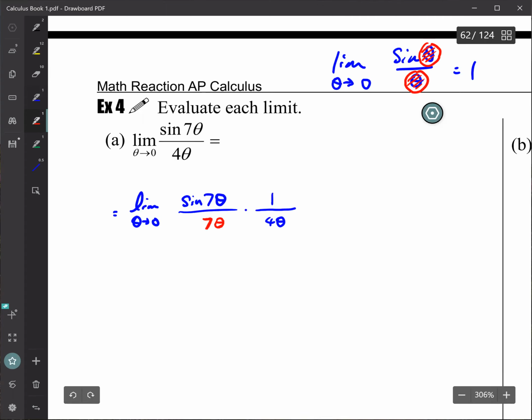But then we cannot change the question, because I just added an extra 7 theta, which was not in the question. So how can I balance that out?